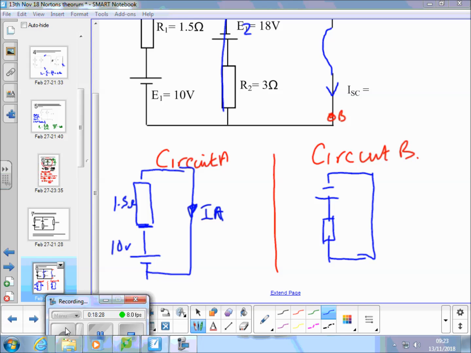So looking at that, we've got E2 there, which is 18 volts, and R2 3 ohms, and the current in this one is going to be going that way, IB.